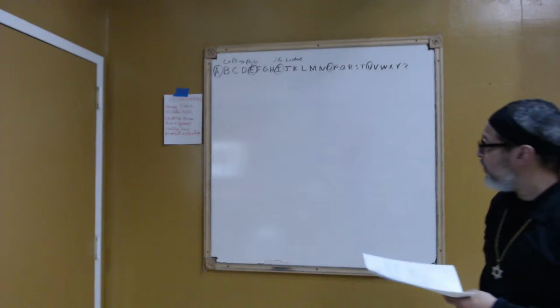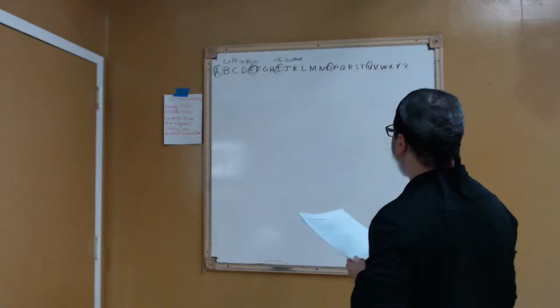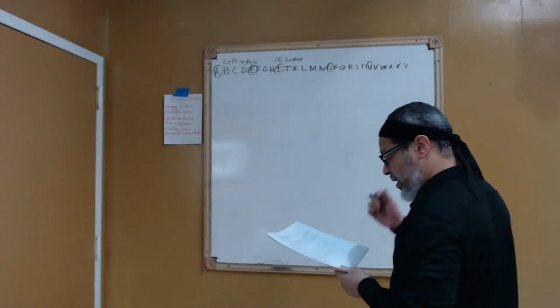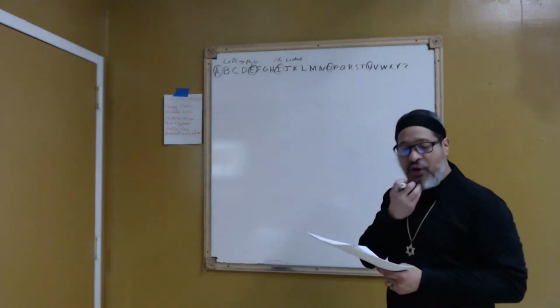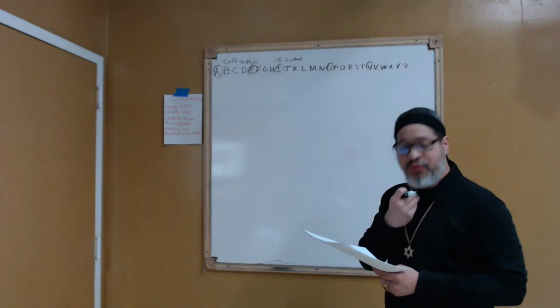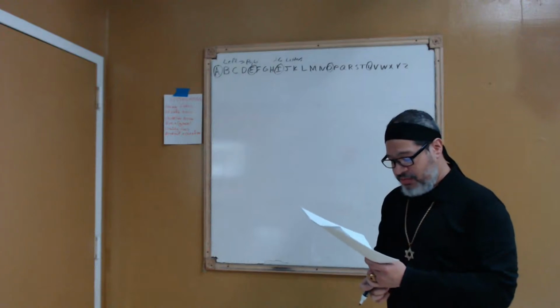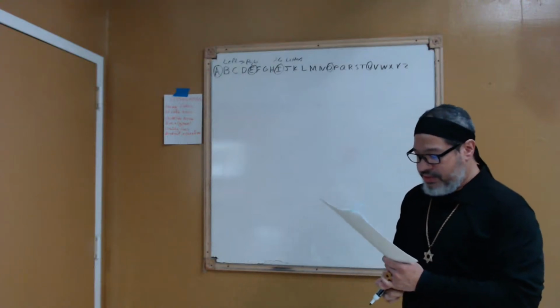So Hebrew is written from right to left. If you remember last week, I gave you a new song to help you remember it. It helped me, so I'm going to show that once again.